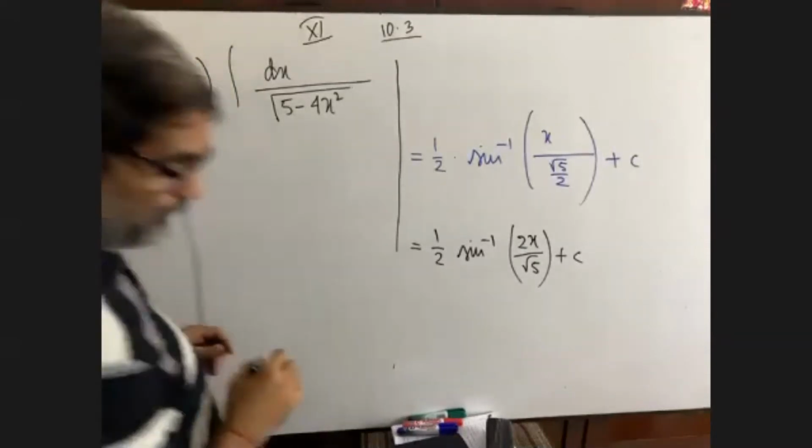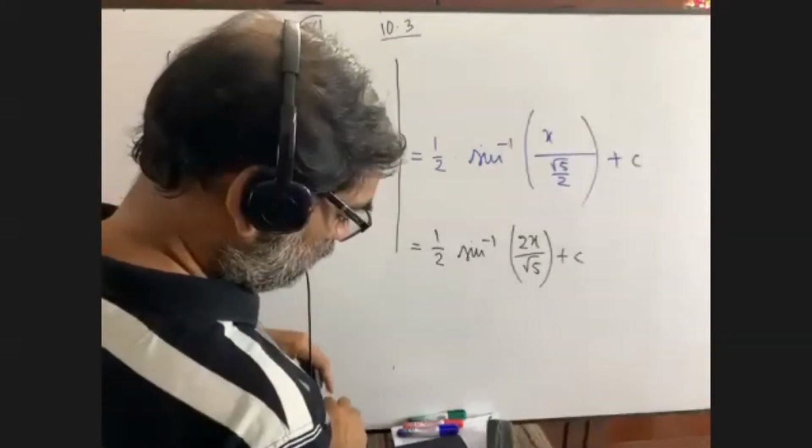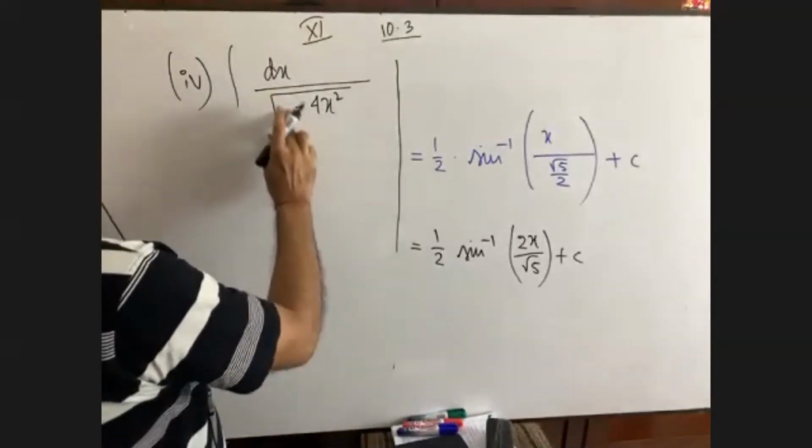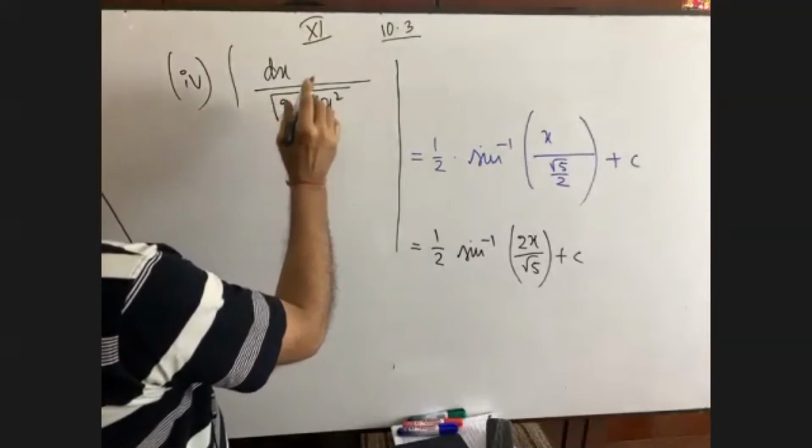It is 2 minus 3x square. It is 2 and it is 3.